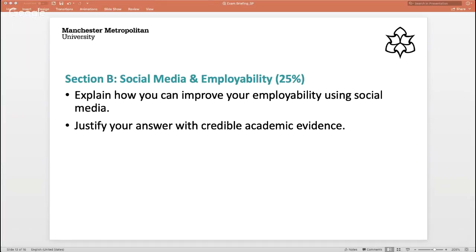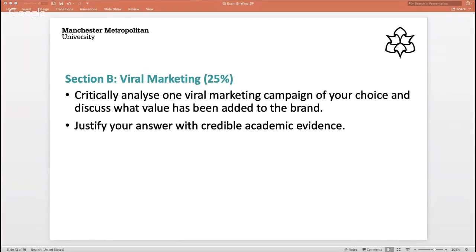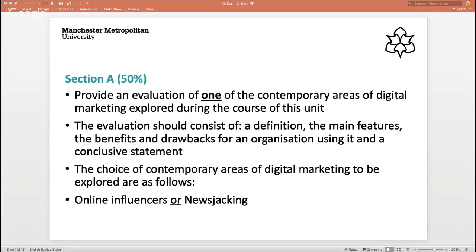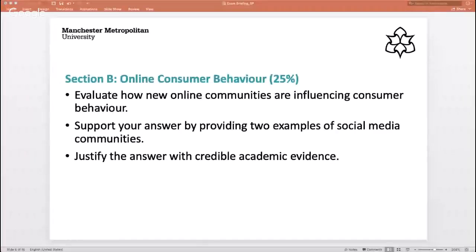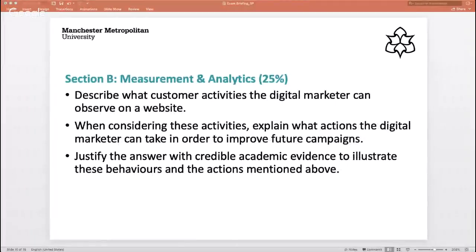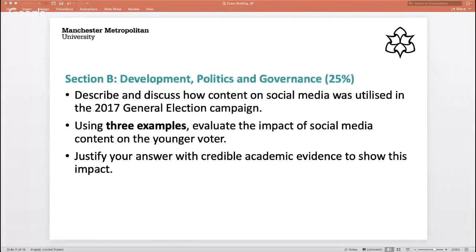Over the next few weeks, we're going to be looking at, first of all, some of the topics around online consumer behaviour. We're going to be looking at measurements and analytics. We're going to be looking at how we use social media and the internet to target young voters and voters in general, and online politics.